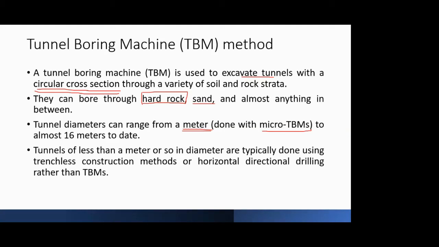So that's a micro TBM, also known as micro tunneling, that we'll look into towards the end of this unit. And the max is up to 16 meter. Okay, till date, whatever works have been done, and obviously some larger diameter TBMs might also be in process or still in use.